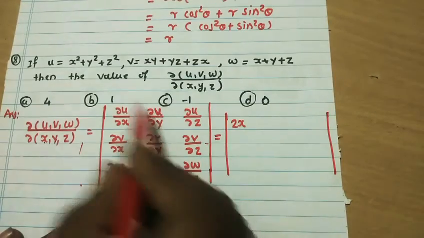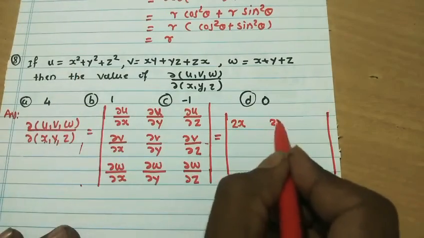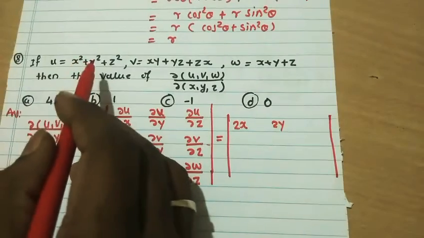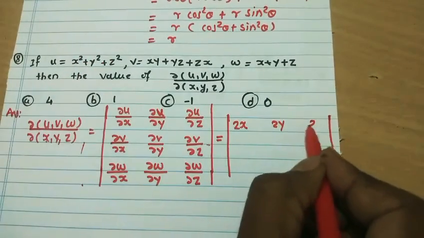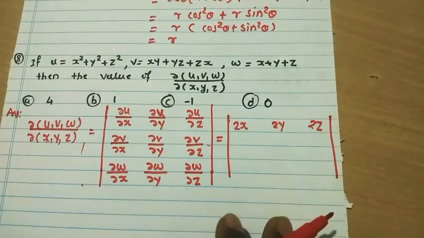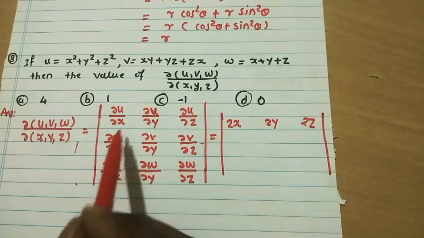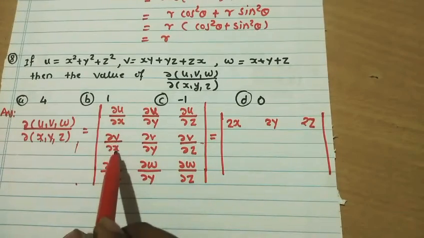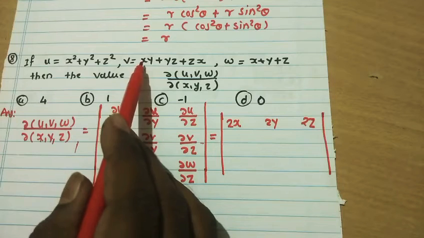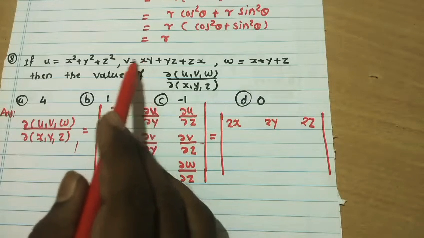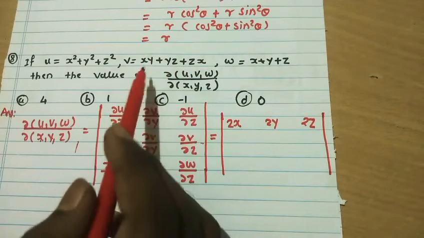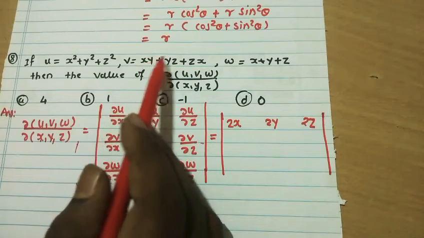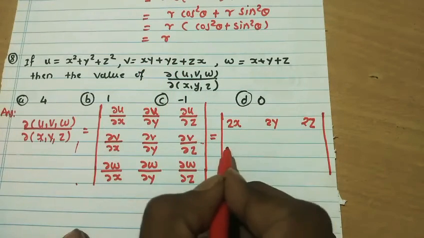Partial derivative of u with respect to y is 2y. Partial derivative of u with respect to z is 2z. Now in the second row, partial derivative of v with respect to x. When we are finding the partial derivative of v with respect to x, keep y and z constant. So here y plus z.